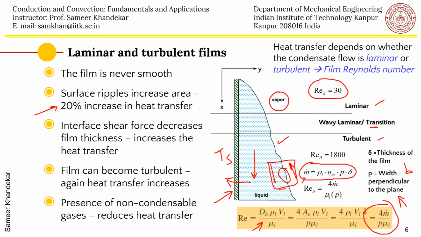When this value is of the order of 30, the flow is typically laminar, and as it becomes more and more, at a Reynolds number of about 1800 or so, one can start getting turbulent films. This is typically taken as the demarcation: between 30 and 1800 it will typically be wavy laminar or transitional flow, and beyond Re delta equal to 1800 the film becomes fully turbulent.